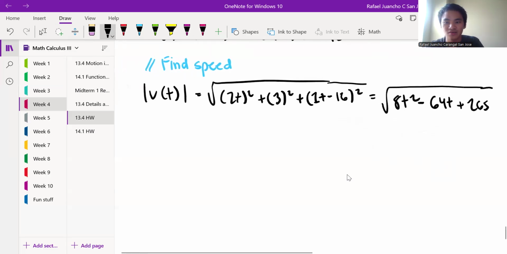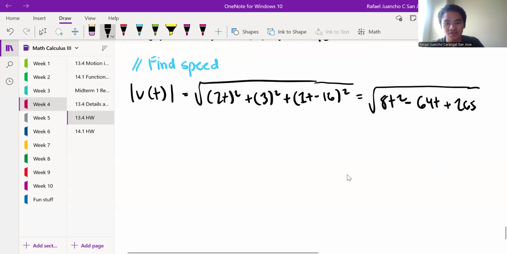Once we find that speed, now we want to minimize the square of the speed. So we want to find the minimum. We're looking for something like a derivative here.